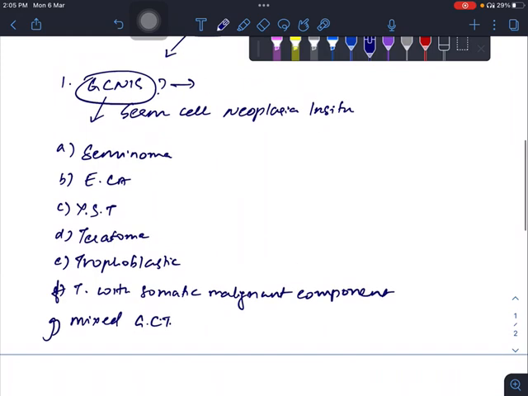Okay, so we have seen these things: seminoma, embryonal carcinoma, yolk sac tumor, teratoma, trophoblastic tumor, teratoma with somatic malignant component.